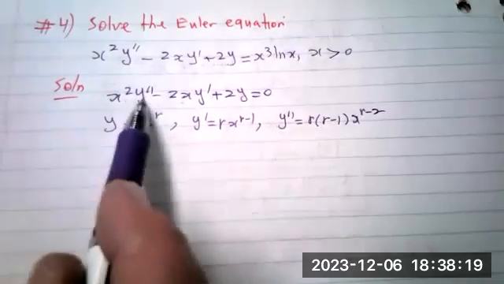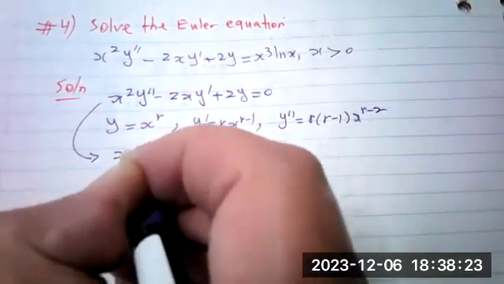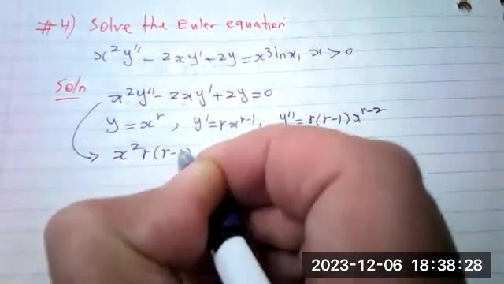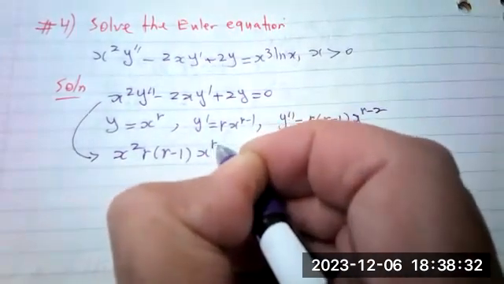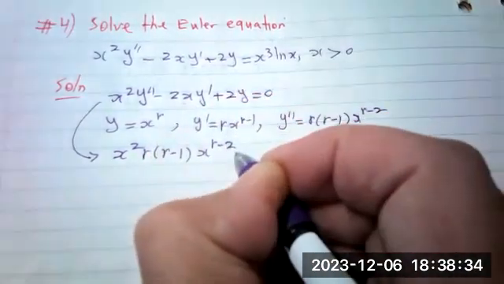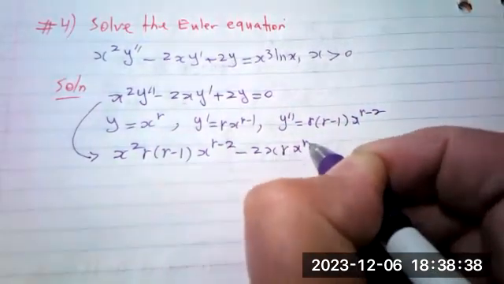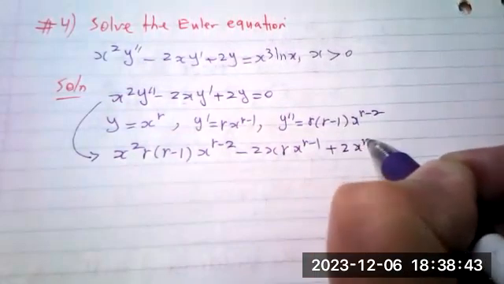Okay, so if you substitute here, in the equation you get x squared times r times r minus 1 times x to the r minus 2. The next one is negative 2x times y prime, r x to the r minus 1. And the last one is 2x to the r.